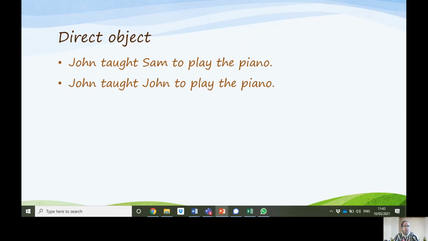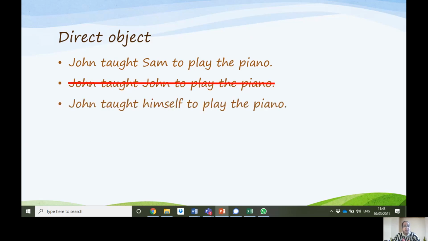But if John taught John to play the piano, perhaps he just tried and figured it out himself, we can't really repeat the subject. So we say John taught himself to play the piano. So himself replaces John. It is the same as the subject.